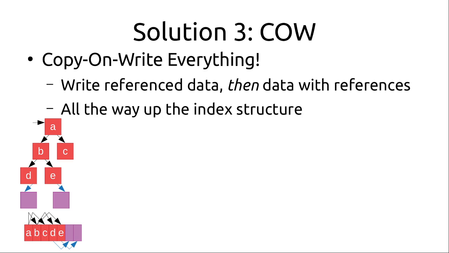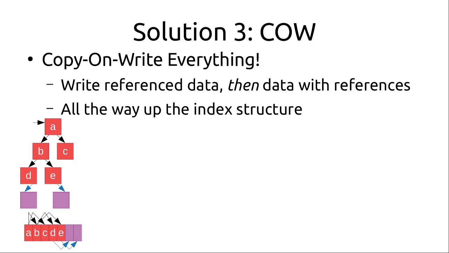And this just takes the observation that if we copy and write everything, and we're careful to write the referenced data and the referenced inodes first, then write the inodes that reference them, then we end up with a consistent on-disk data structure by default, right?